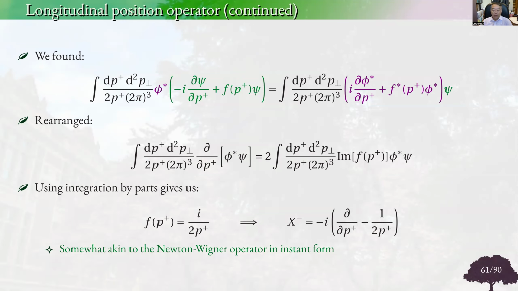So somewhere you have to assume that the time is an operator in order to derive this X minus formulation.